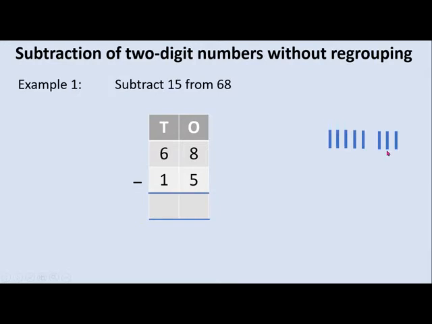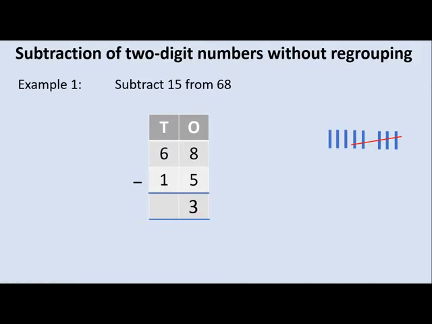So I will count 5 lines from right to left. 1, 2, 3, 4, 5. I will cross out these 5 lines to indicate I am subtracting 5 from 8. So the remaining number of lines is 1, 2, 3. Therefore, the difference between 8 and 5 is 3.